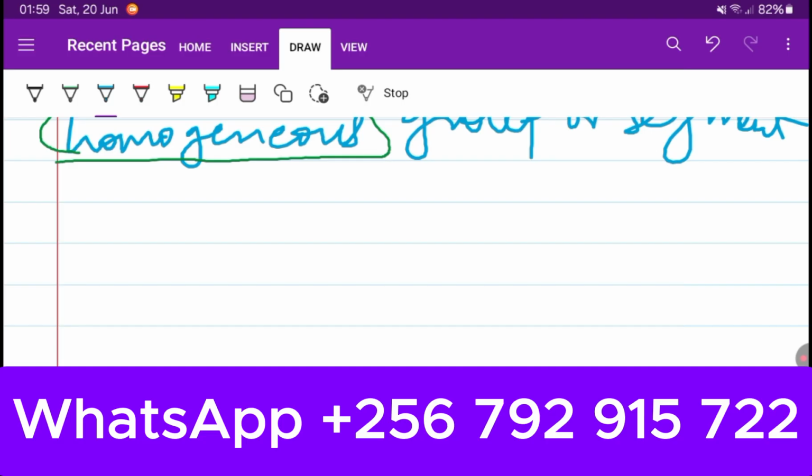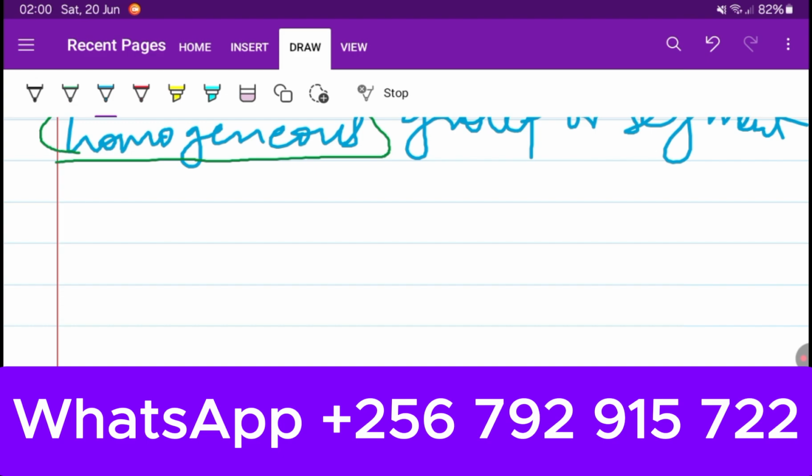One key thing is that they ensure that each homogeneous segment of the population is proportionally represented in the sample.